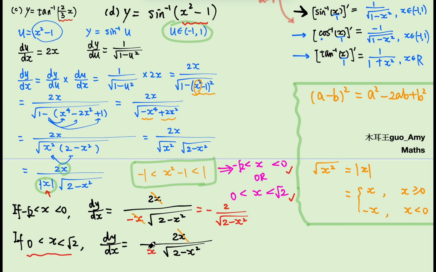Similarly, cancel out x from top and bottom, and we will have 2 over root of (2 minus x squared). It's our final result. Looking back at the process, a key step is to determine the possible values of x using the inequality, and then consider the cases when x is negative and when x is positive to get the simplest form of the result.